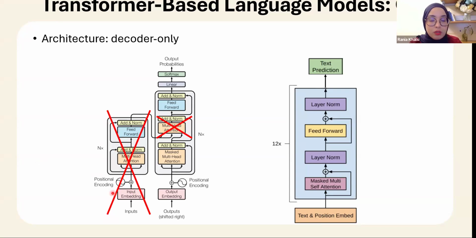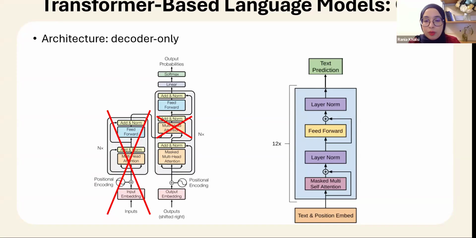So all this block is gone, and if we remove this block, it also means we remove the connection made through this related block. So mainly we keep the essential components of the decoder, okay? This is mainly the idea behind GPT models.